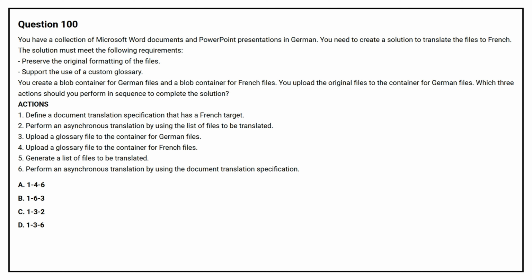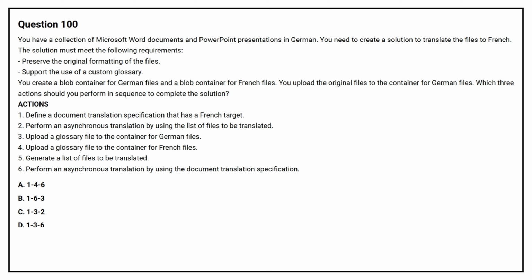Support the use of a custom glossary. You create a blob container for German files and a blob container for French files. You upload the original files to the container for German files. Which 3 actions should you perform in sequence to complete the solution?